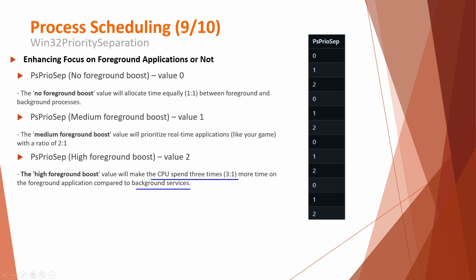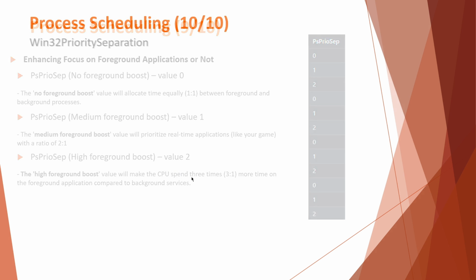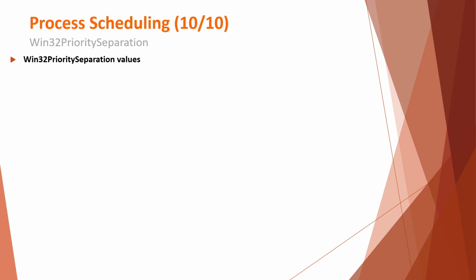So you're choosing between 3 options. Every foreground option represents a specific value, a specific quantum. And we could say that theoretically, if we are gamers and we want to prioritize real-time applications, we will choose a value that includes medium foreground boost or high foreground boost. Windows 32 priority separation values.